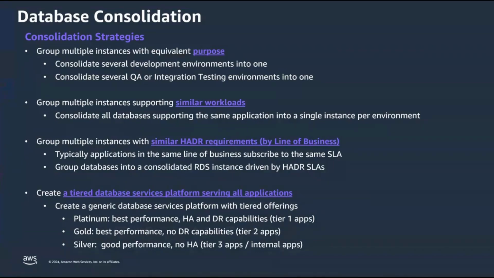Then you can have standardized nodes for silver, gold, and platinum, with different specs and different HA capabilities. And then you can use that with chargebacks. Depending on what the users need, you can give them a database in the appropriate tiered instance. It takes a little more work to implement, but it's very effective once you get it up and running.